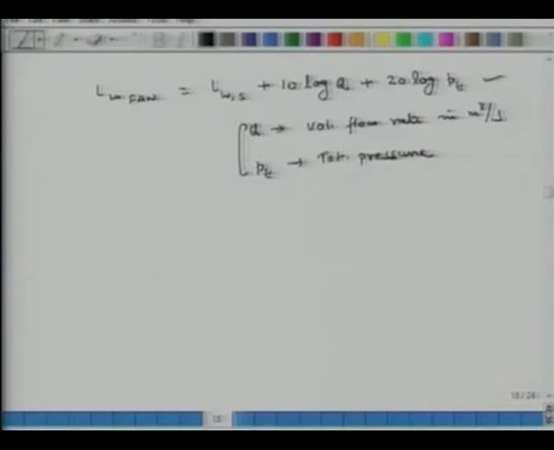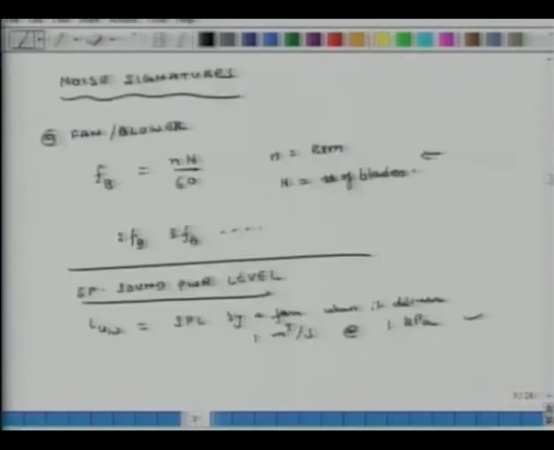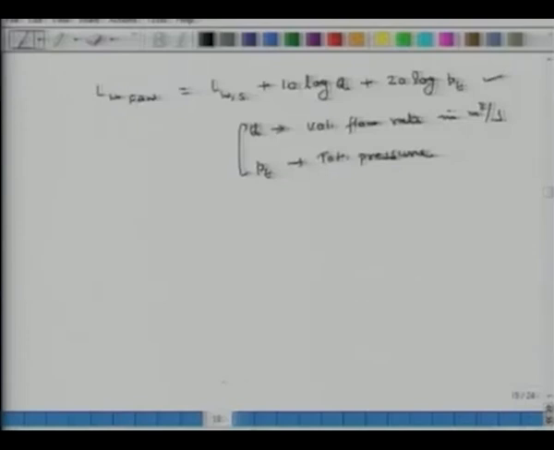This relation is good for all frequencies shown in this chart except FB, because at FB it will have a peak. So for all other frequencies, let's say at 63 hertz, I find what my LWS is.